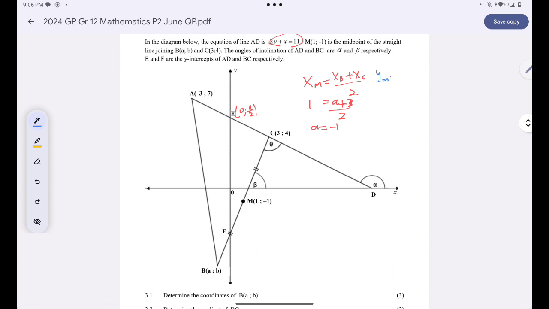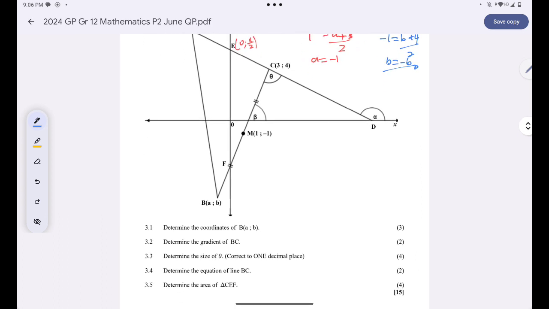The y value at M, I can find it by saying y at B plus y at C all over 2. The y value at M is negative 1. The y value at B is B, and the y value at C is 4, all over 2. Therefore, B will be negative 6. So the coordinates of B are negative 1 and negative 6.